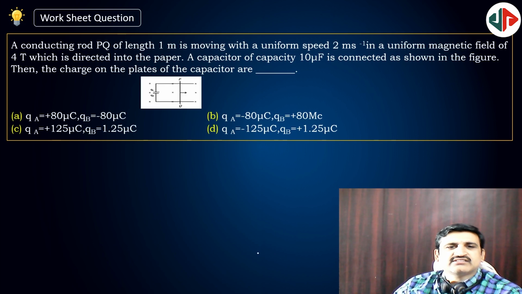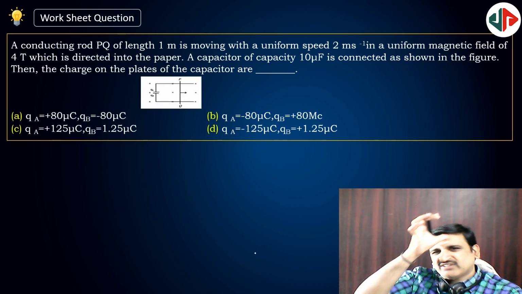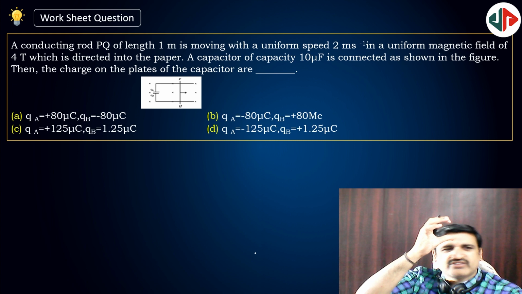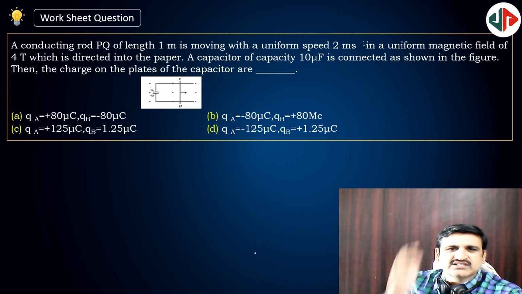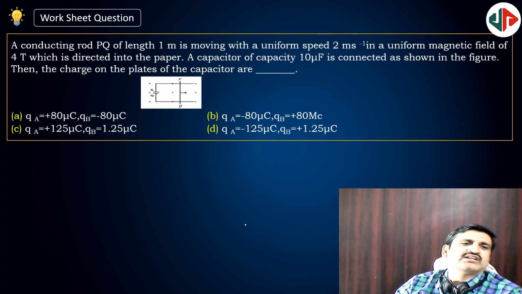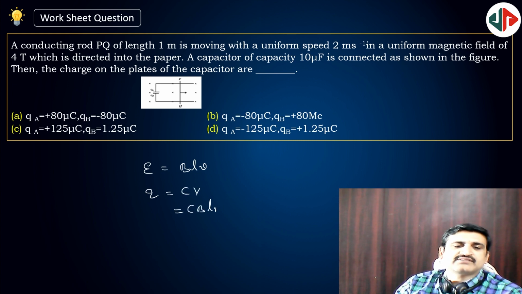Next, conducting rod. Length 1 meter, speed 2, and magnetic field is 4 Tesla on the paper. A capacitor of capacity 5 microfarad is connected to it. The charge on the capacitor plate: EMF is equal to BLV, and charge Q is equal to CV, that is C into BLV. C value 10 microfarad.